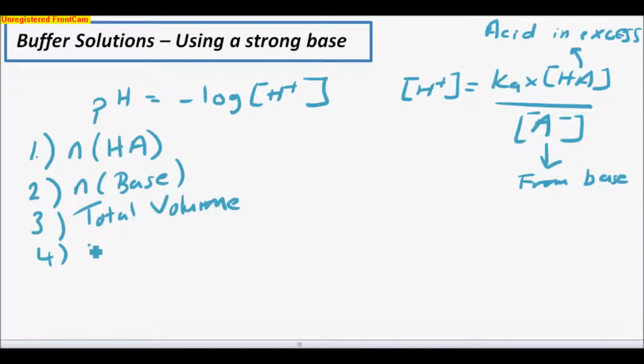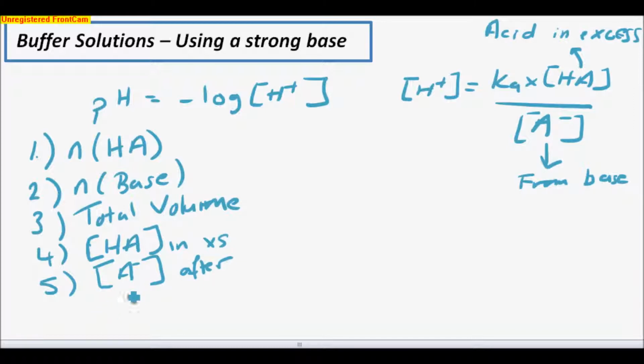So we're looking not just for the number of moles, but the concentration of the HA which is in excess. And five would be the concentration of A minus after addition. From this information, you should then be able to work out the concentration of H plus, and after that link it back to working out the pH of the solution.